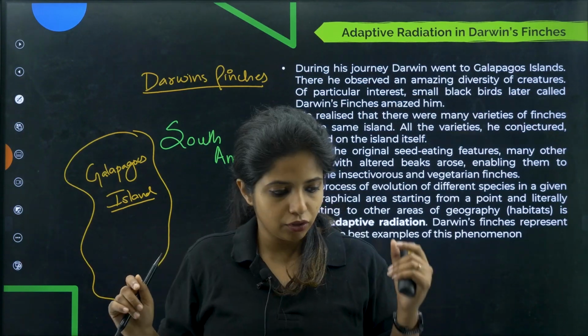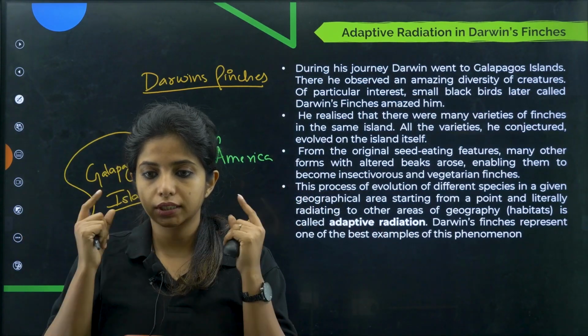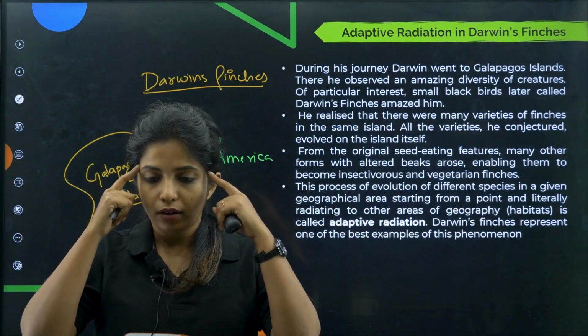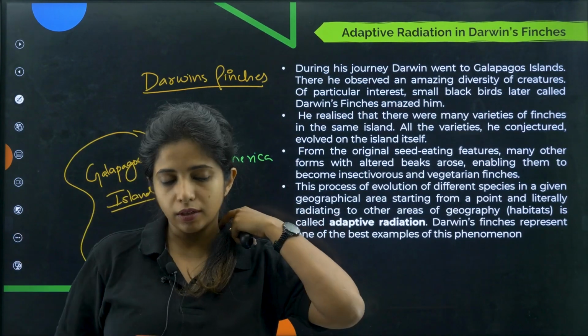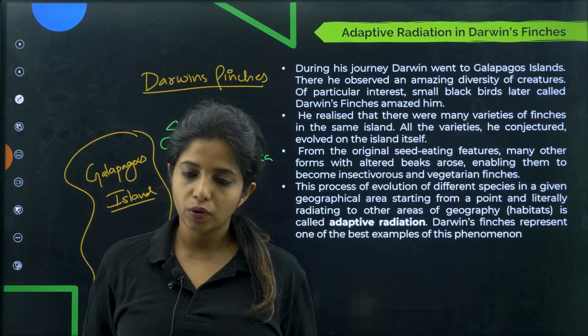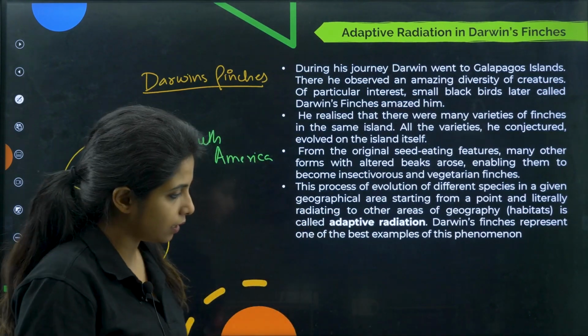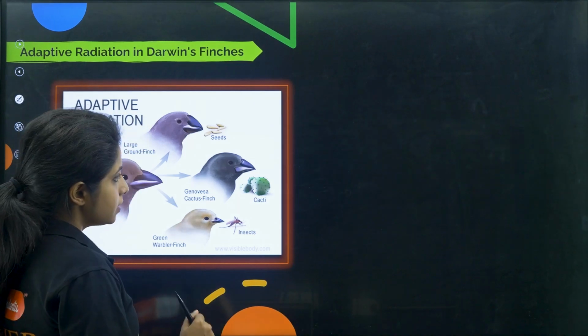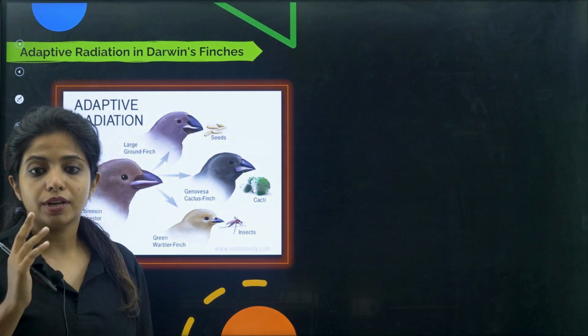When I closely studied all of them, I found there was some issue, something might have happened over here. Then I did my research, and I found that something known as adaptive radiation has happened over here.